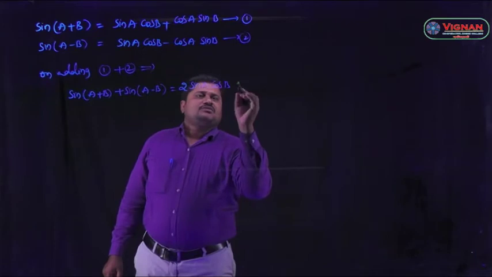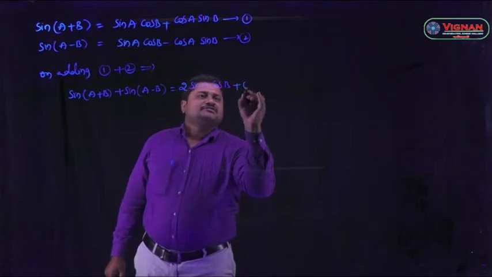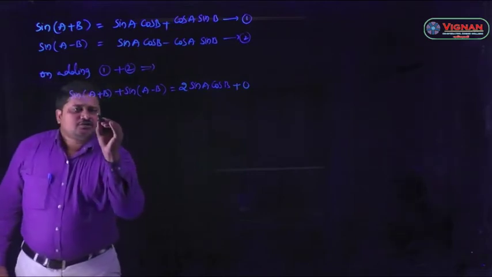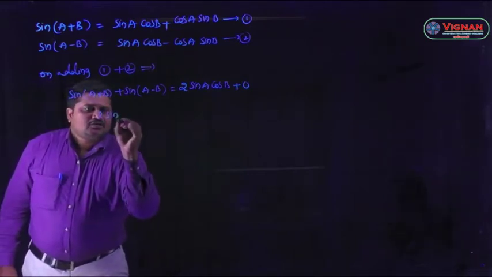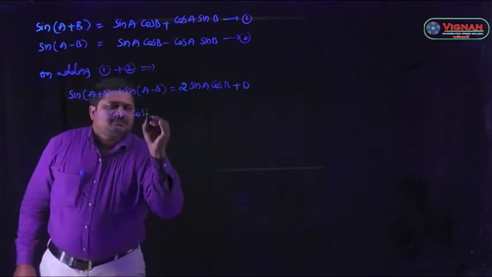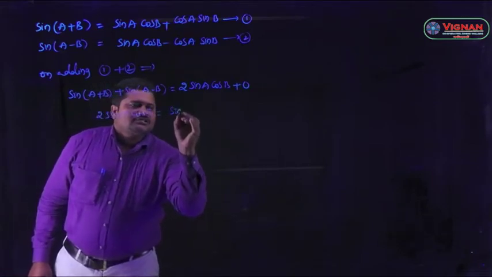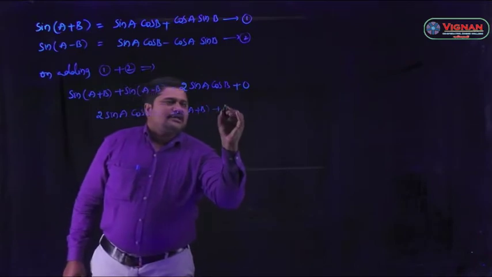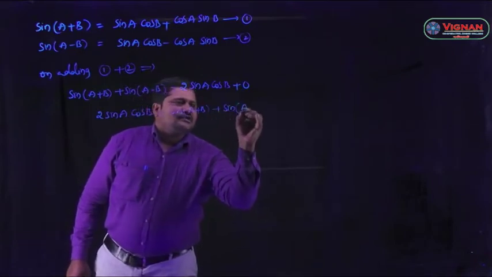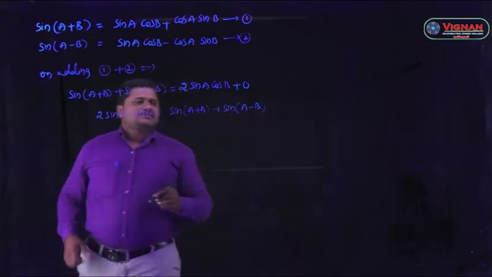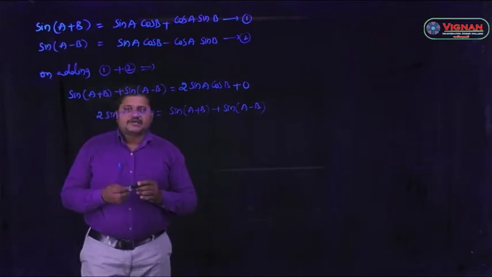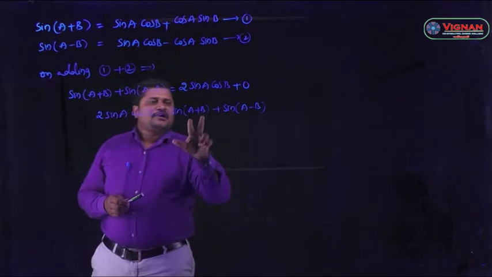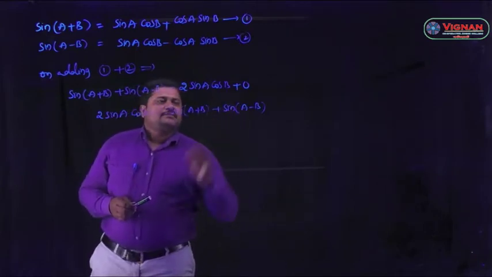So this equation can be written as 2 sin a cos b is equal to sin of a plus b plus sin of a minus b.